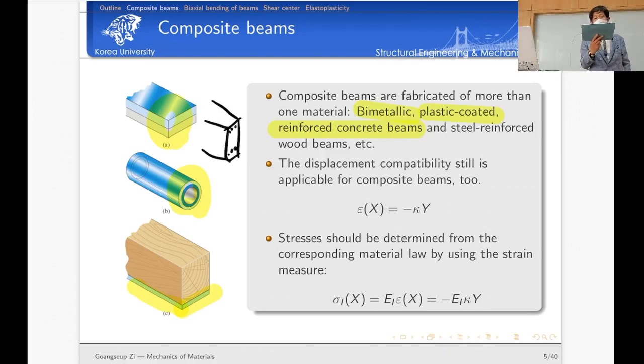So let's talk about the problem one by one. Don't be surprised because we have more than one material, okay? The key point is always the same. The analysis procedure is always the same. First, we have to define the deformation, okay? Once we have deformation, using the compatibility condition, we calculate the strain field.